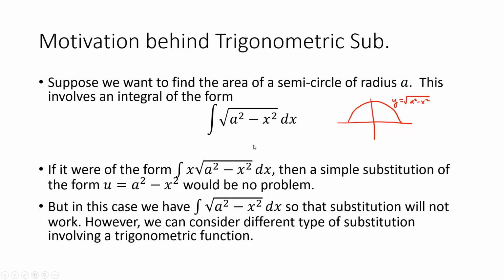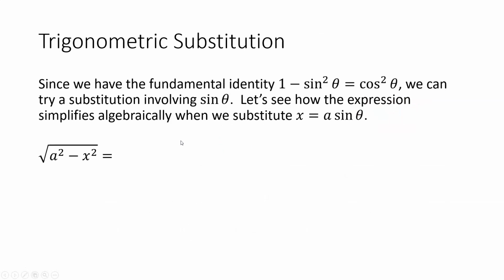So what we have to consider instead is a trig substitution. And the reasoning behind it is that a squared minus x squared resembles this identity 1 minus sine squared, because you've got the constant minus some variable squared.